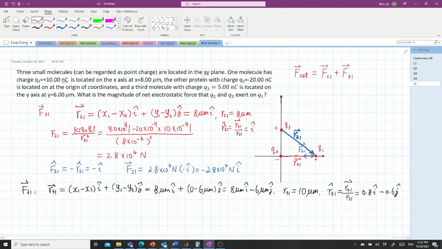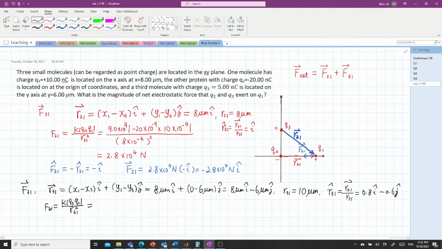So now the next step is to find the magnitude of the force using Coulomb's law. F31 is k Q3 Q1 divided by R31 squared.